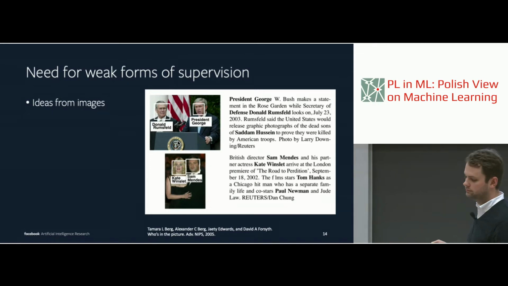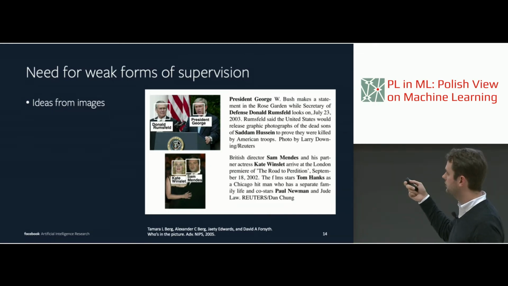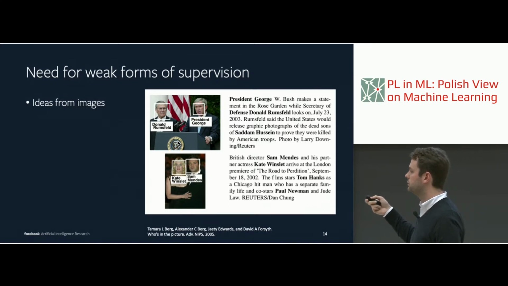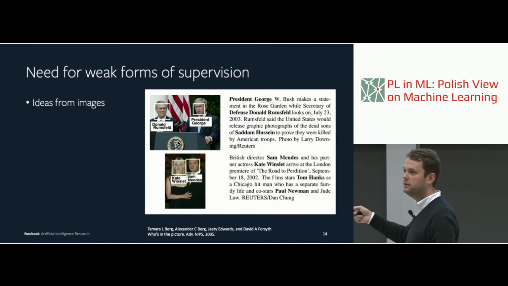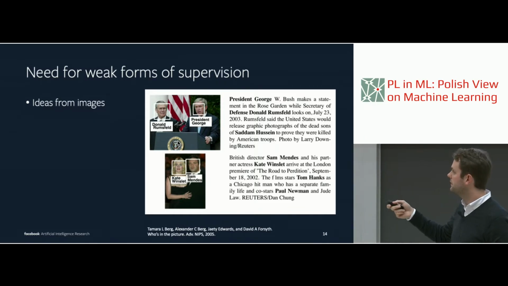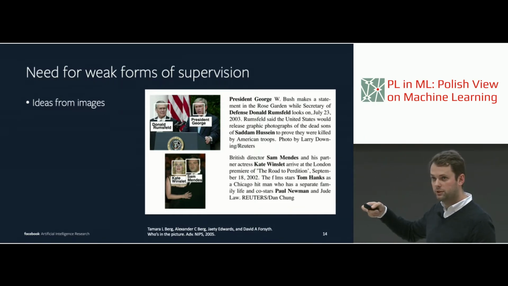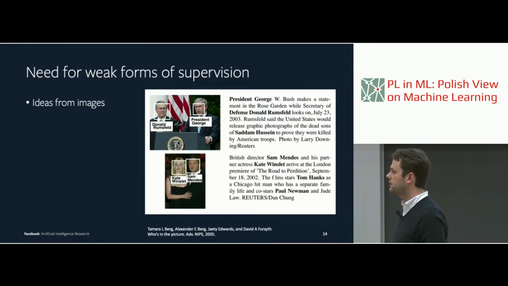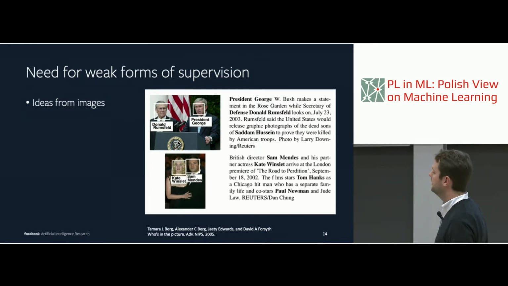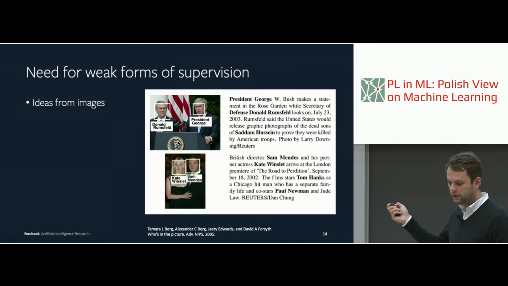So you get a lot of information from this kind of captions, but it's very imprecise. So people who are in the picture can be never mentioned in the caption, and some people who are mentioned in the caption don't appear in the image. Yet, if you take a lot of such images and come up with a robust method, you can come up with the right labels at the end.